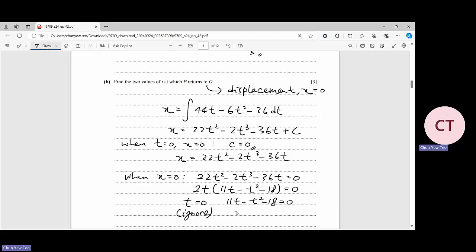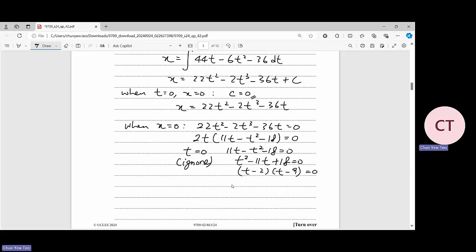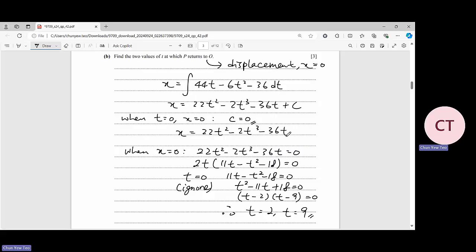Now the remaining one will be t squared minus 11t plus 18 equal to 0. You have t minus 2 and t minus 9. Therefore, the two values of t that return to O are t equal to 2 and t equal to 9. Just like that, done. That is the answer for part B.